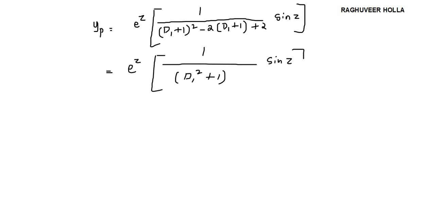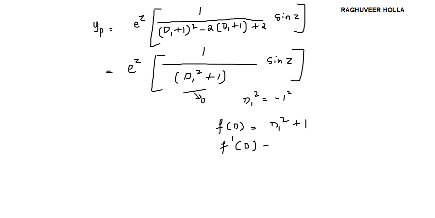Let us simplify this. Now when you put D1 square as minus 1 square, the denominator goes to 0. So what you are supposed to do: your function f of D is D1 square plus 1, so f dash of D is 2D1, right?